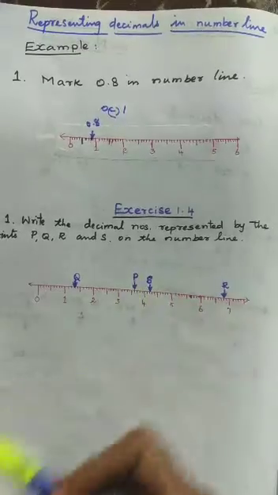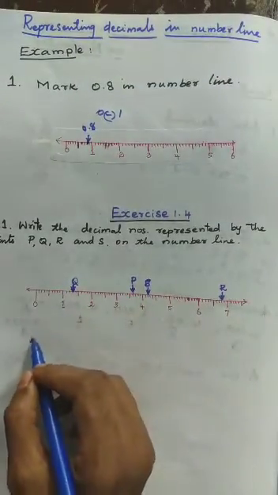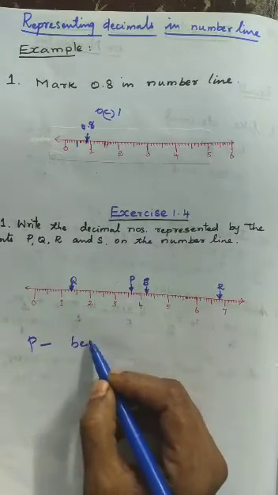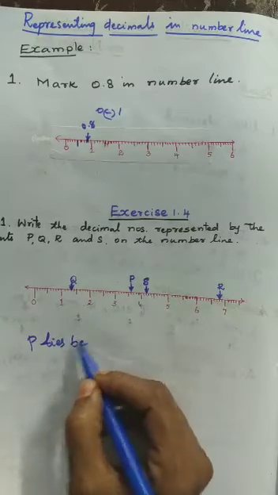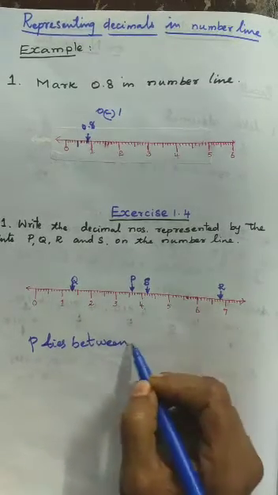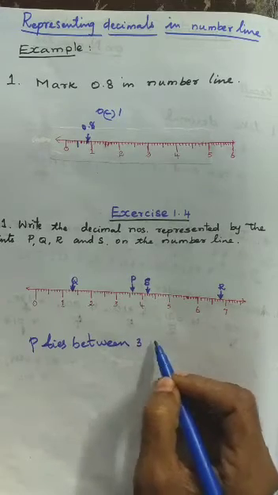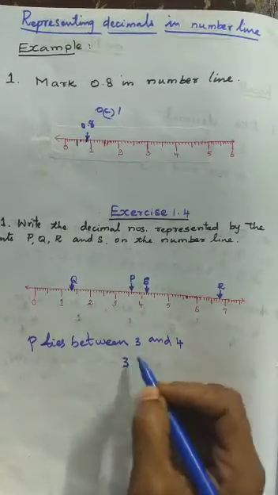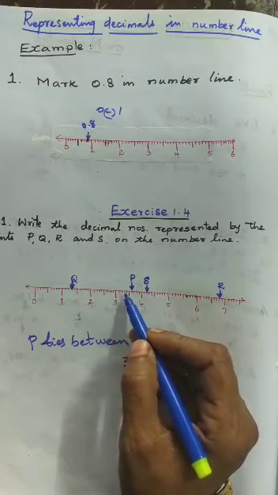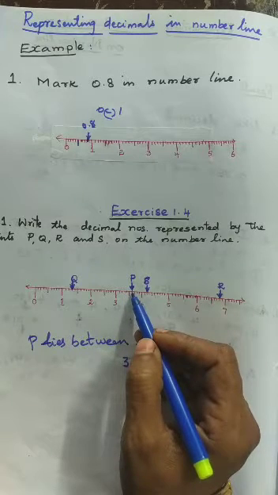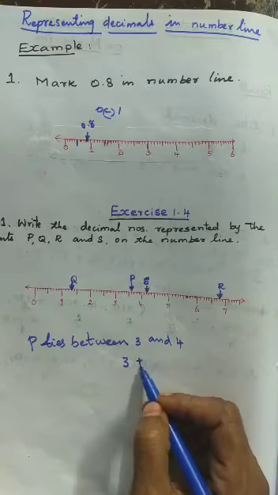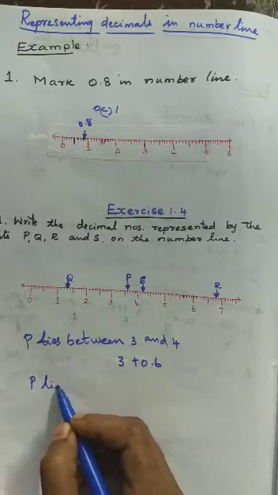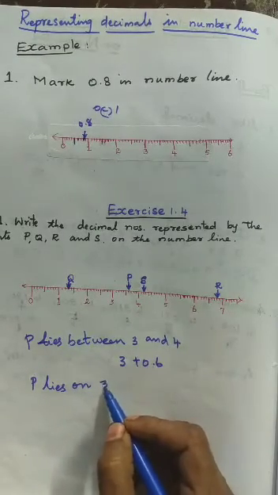First we shall see P. P lies between 3 and 4. After 3, we count 1, 2, 3, 4, 5, then the sixth line. So 0.6. P lies on 3.6.